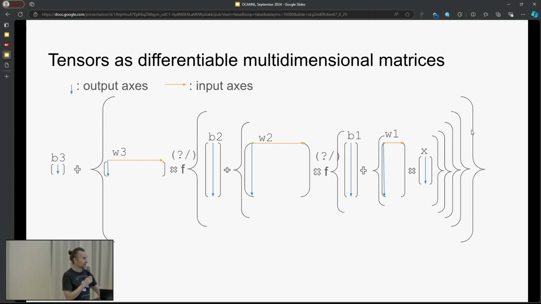And in OCANNL, I segregate axes of a tensor into output axes, which are the regular axes of vectors, for example, and input axes, which would be the dimension of a matrix that's matched against the dimension of the vector to apply the transformation.